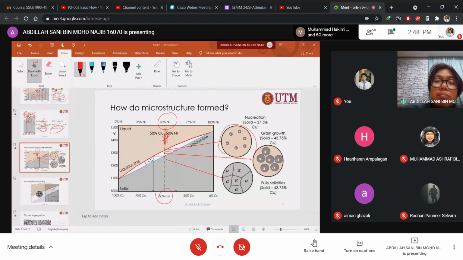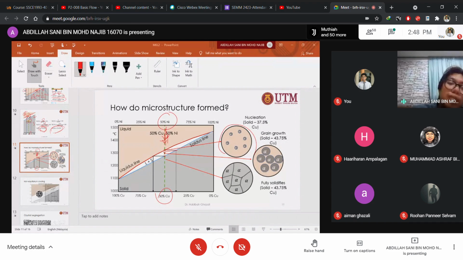Now we come to the microstructure. I was telling you guys that we have this amount of material, okay, 50 nickel and 50 copper, and we have this green line. The solidification will follow this green line.